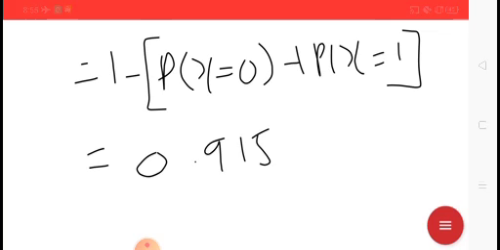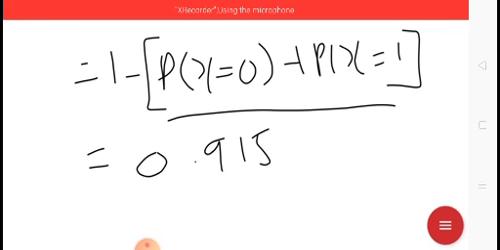So this is the probability of type 2 error. Okay, don't forget you need to change the mean to 4.1. The lambda becomes 4.1 in your calculation. So your probability is equal to 0.915. Right, now we proceed to the next question, the last question.